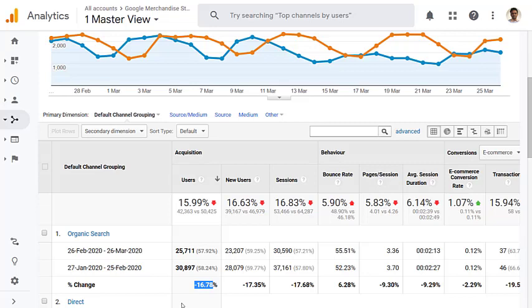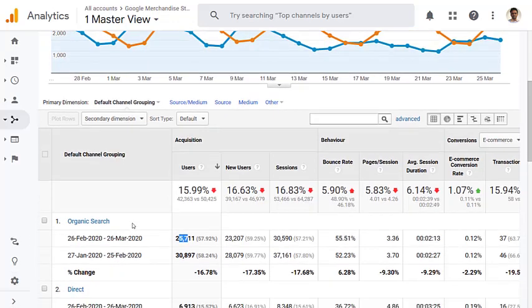That means my SEO traffic has actually declined. In January it was 30,000, but from Feb to March it went down to 25,700. What do you say? Is your SEO working or not? What would you say, Rahul, in this example?